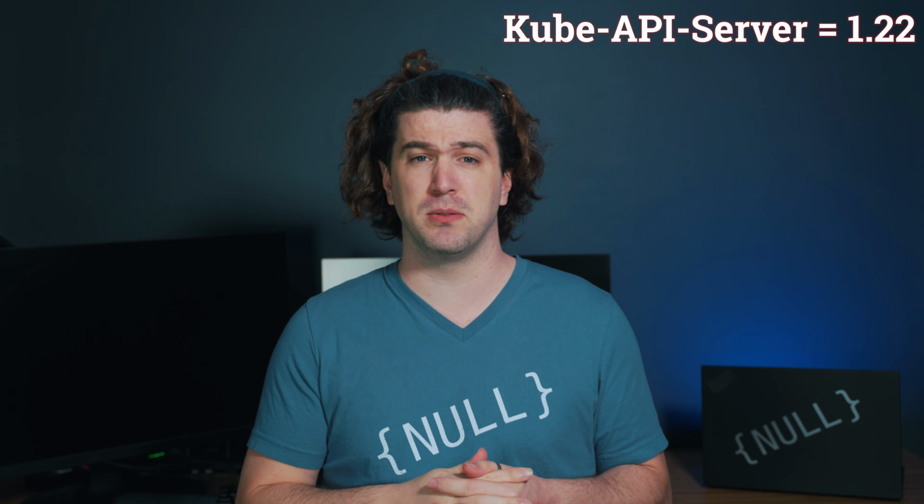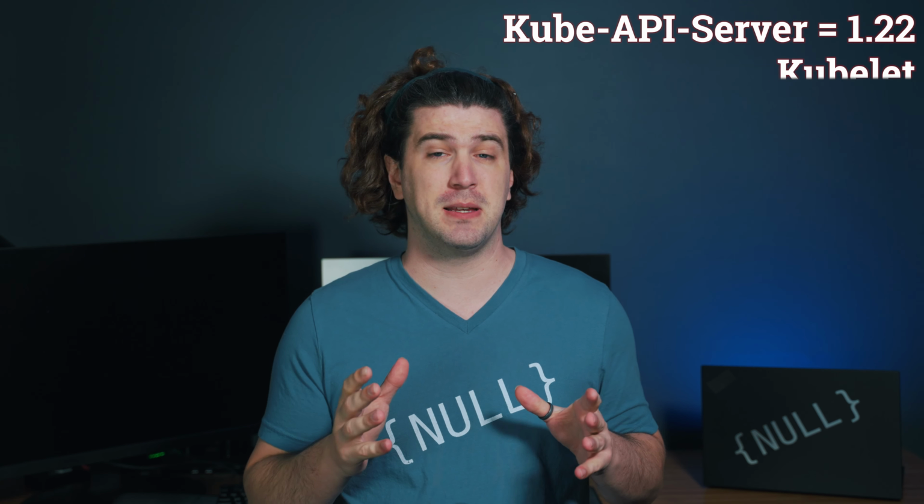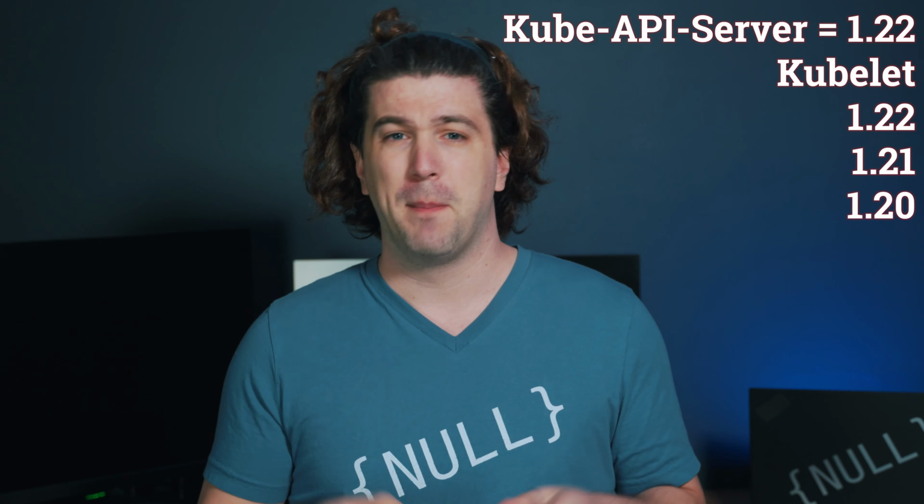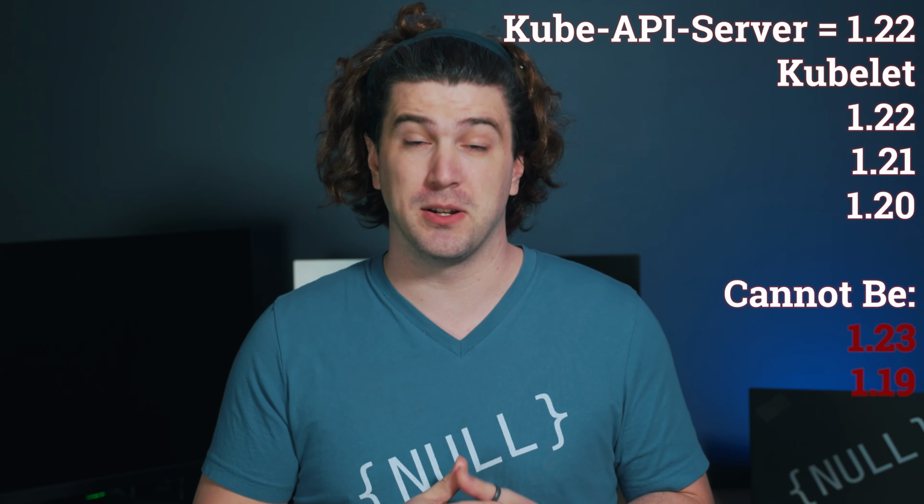The kubelet, on the other hand, can be up to 2 minor releases behind the API server. It cannot be ahead. For example, if your kube API server is at 1.22, then the kubelet can be 1.22, 1.21, or 1.20, but it cannot be 1.23.